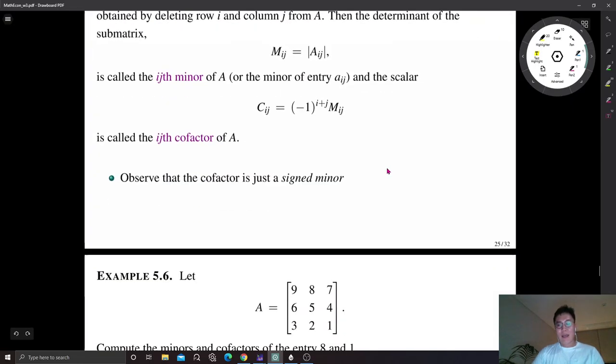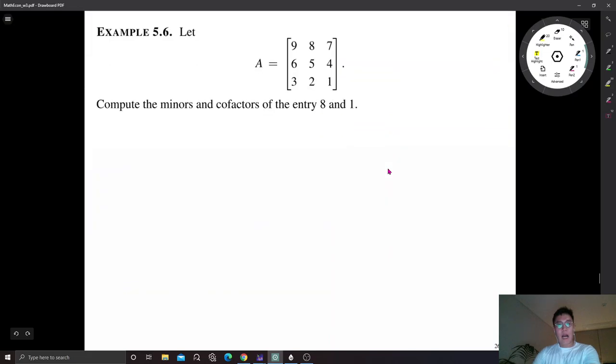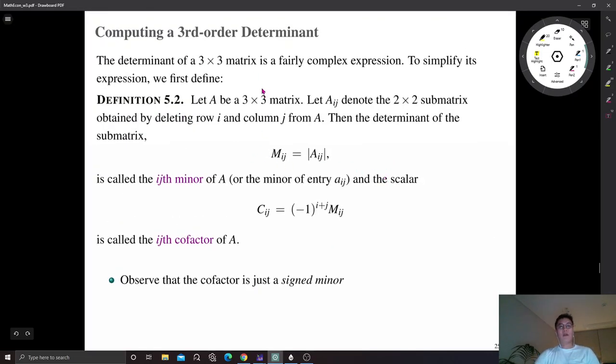All right. Now let me tell you how to compute the determinant of a 3 by 3 matrix. It is a very complex expression. So in order to simplify this expression, let me define two concepts, minor and cofactor. Matrix A is a 3 by 3 matrix, and we first define A sub ij.